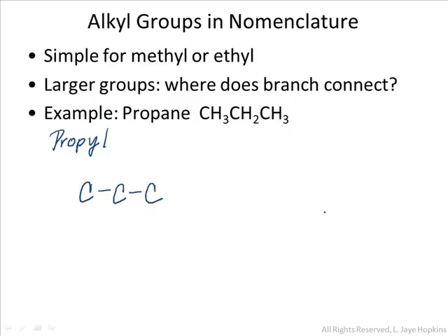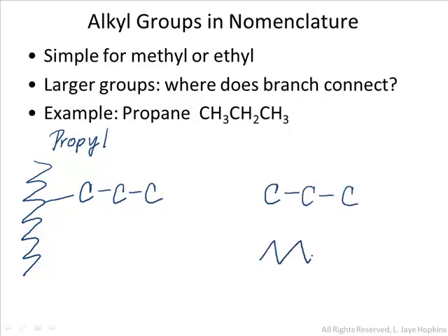I'm going to leave the hydrogens off just for a second to make this extra clear. If I were to connect this to a backbone, there's 2 different ways it could be connected. One way is that I might have a backbone of the molecule and it could directly connect to the end of this propyl chain. Another way that the propyl chain could be connected would be if that longer backbone was connected to the center carbon.